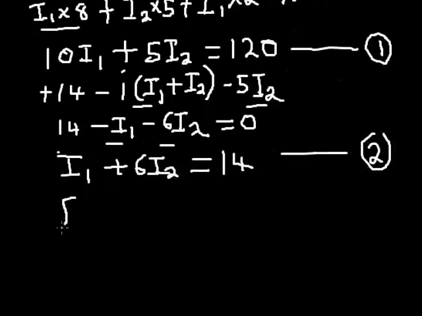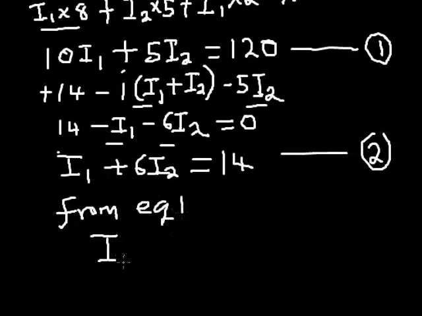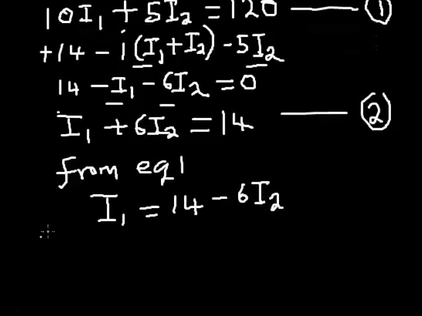So what I will do, I will now substitute. From equation 2, I'll make I1 the subject. That's going to be I1 equal to 14 minus 6I2. So I can now substitute it into equation 1.